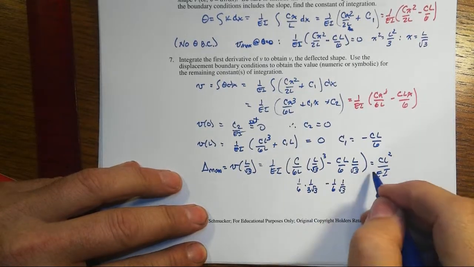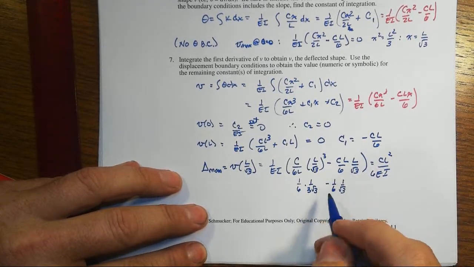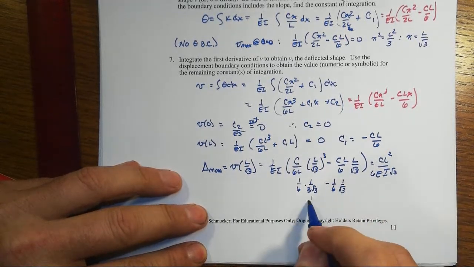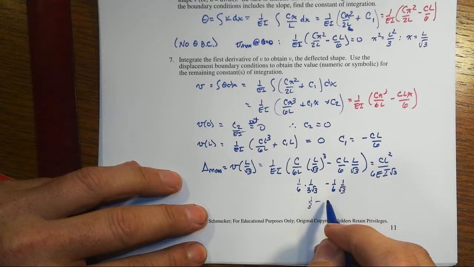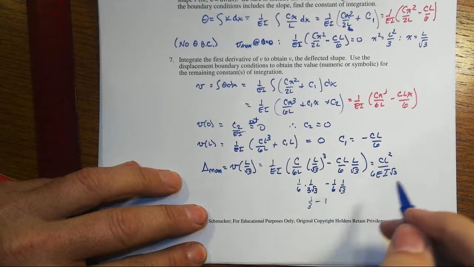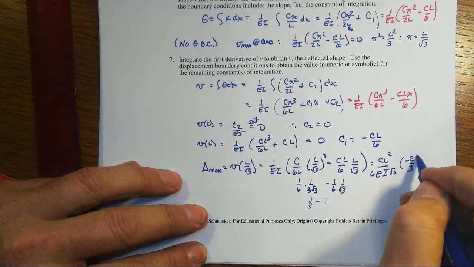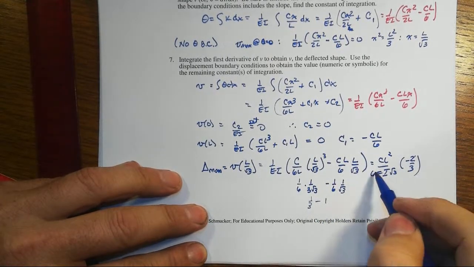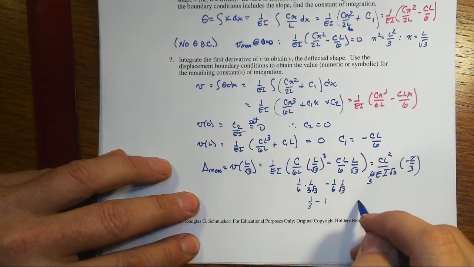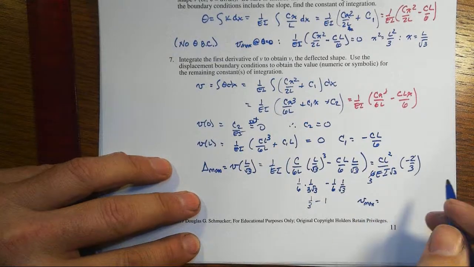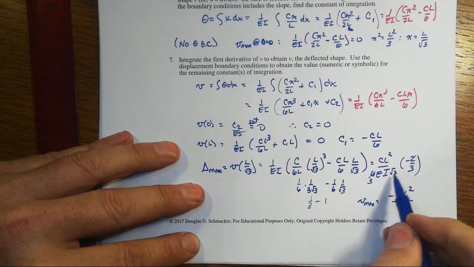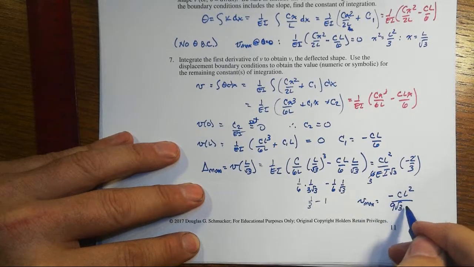Well, that's interesting. The 6 comes out too, and the root 3 would come out, and we'd be left with 1/3 minus 1. I took out the 1/6 and the root 3. That's a minus 2/3. So the 2 goes away to that, and that becomes 9. So that means our Vmax is equal to minus CL squared over 9 root 3 EI.